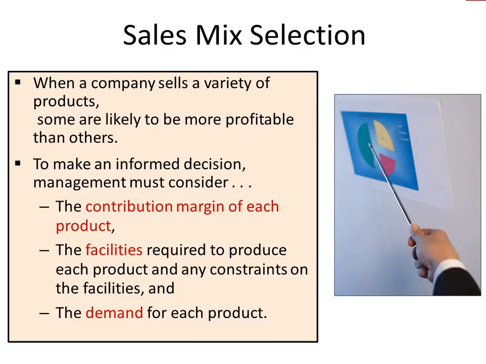This is true in business sales mix selection. You have a choice to offer, like they gave the haircut example in the prior chapter: should we give 3 different kinds of haircuts, or 2, or 1? We've already studied this selection mix, and it's based on the contribution margin of each product.